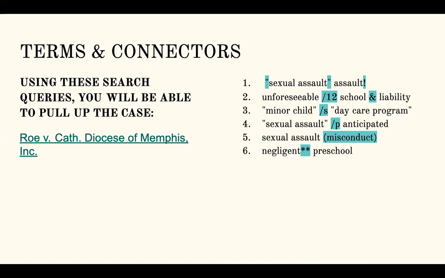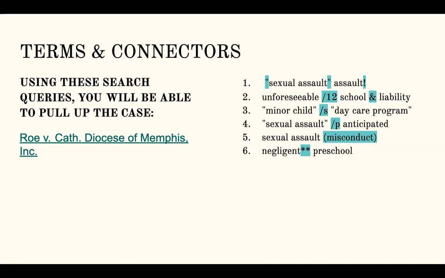So school is 12 words away from unforeseeable. Sorry, I said that really confusing. And then that and symbol is going to also contain the word liability. So that means that school and liability are both in this case. They may not be in that exact order, but they both are in this case.